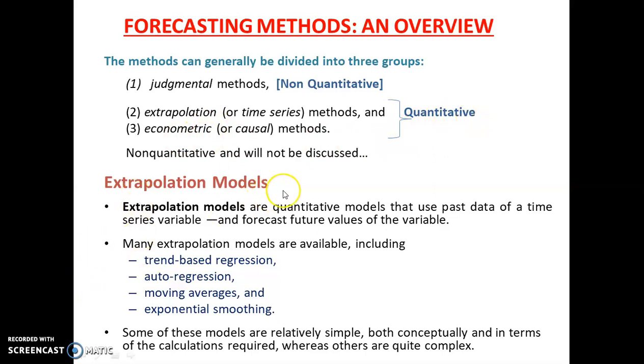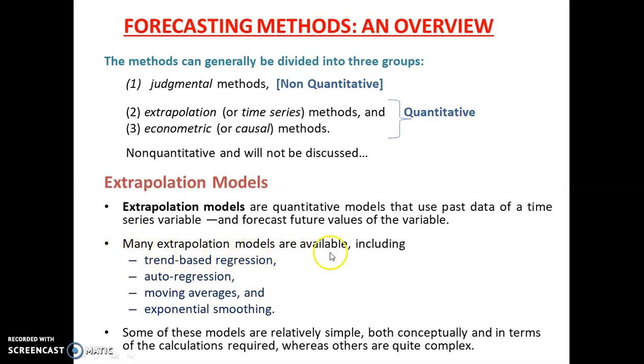Extrapolation models are quantitative models that use past data of a time series variable to forecast future values of the variable. If it is quantitative, we need to take the past data with respect to time. So, time series data.